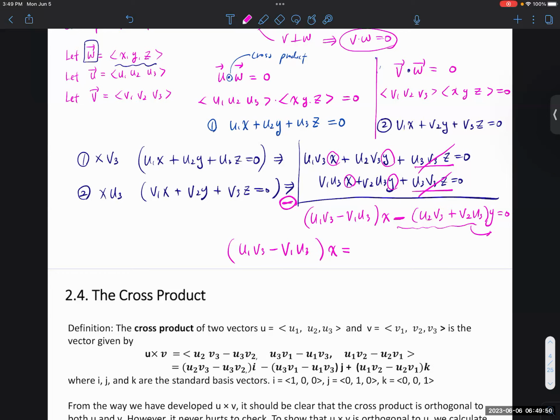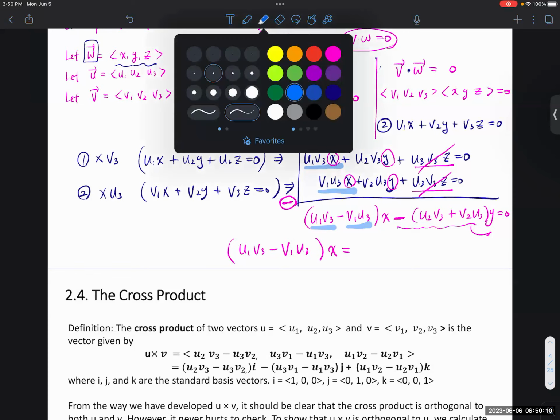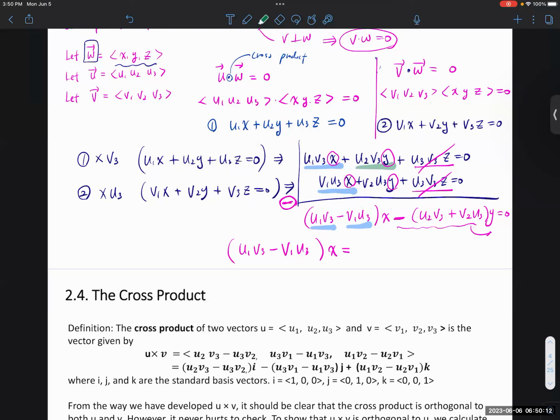I think I have a little bit of missing information, so let me highlight it. So this is X family. This one times this is X. And then we are going to subtract this one minus that one. If I combine like terms, I have a little bit of a typo. This is still positive. This one should be negative. Are you following?